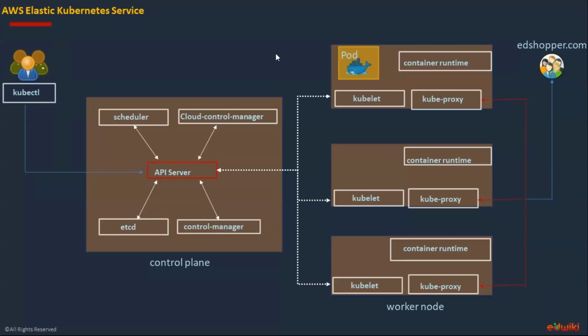Then only can all the Kubernetes capabilities get applied. Let's say tomorrow I would like to have auto scalability, load balancing, and a few other best practices. Kubernetes cannot apply all these best practices directly to the container without having a pod.